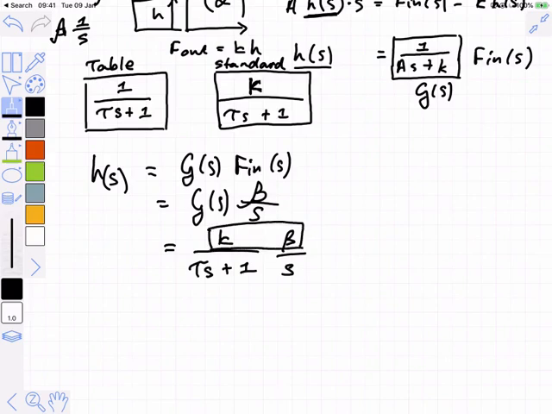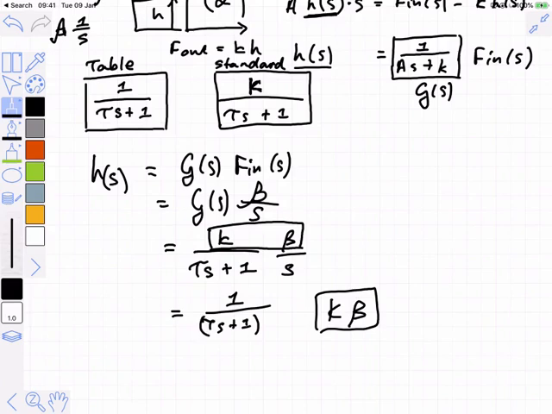And I prefer to think of these as being stacked. So there's a K beta as a thing on its own by itself. And then there's this form, tau s plus 1 over s. And that's the part that has the dynamics in it because it has s's in it.